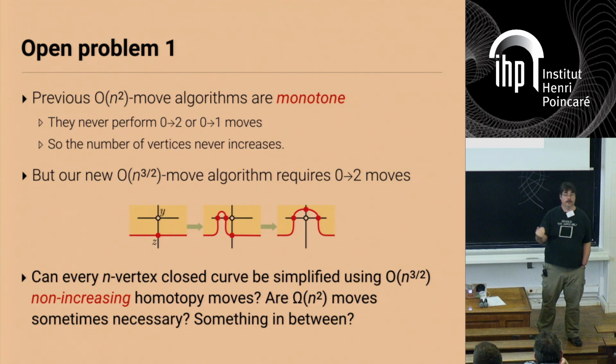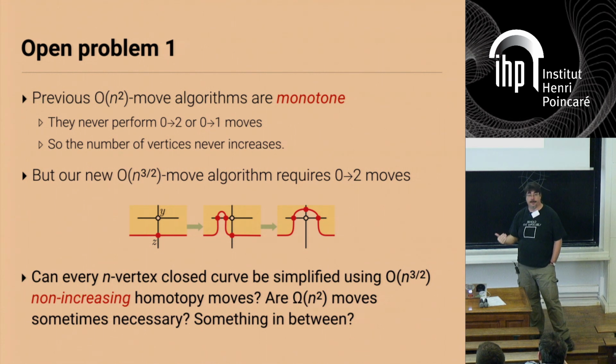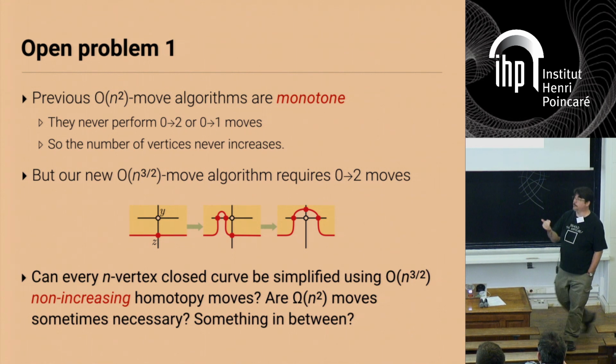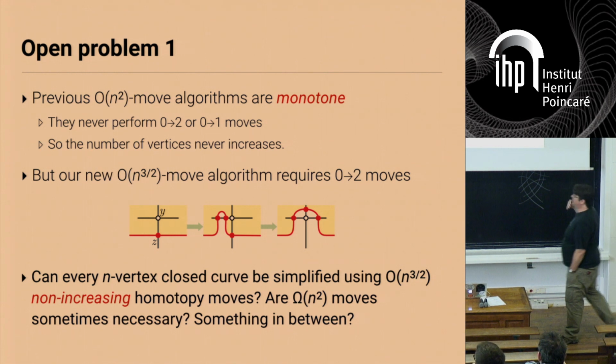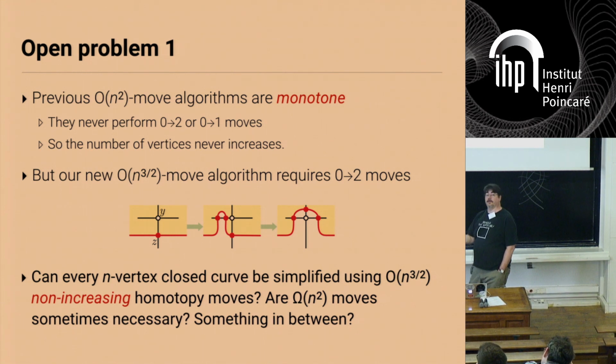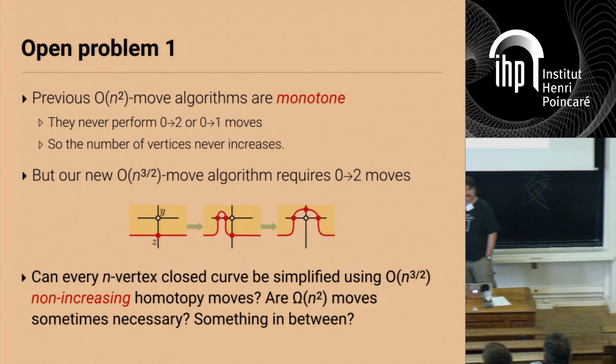Whereas our algorithm, at some point, we do have to make the curve more complicated. And we don't know whether that's a requirement in order to break the quadratic upper bound, or if it's just a stupid feature of our algorithm. So, can every curve be simplified monotonically using n to the 3/2 moves?